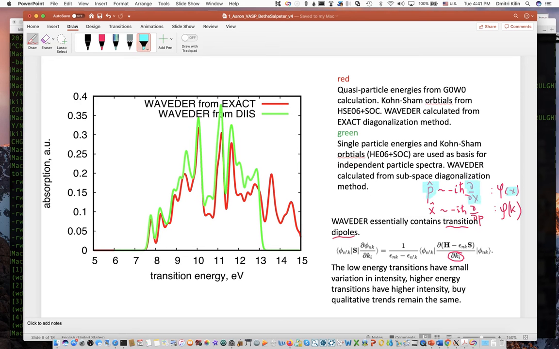If we are working in momentum space, then the position operator is replaced by a derivative over momentum. If we place the derivative over momentum in here, it would correspond to the matrix element of the position operator, which is the transition dipole. Make sense? Yes. Sorry for interrupting. Please keep going.